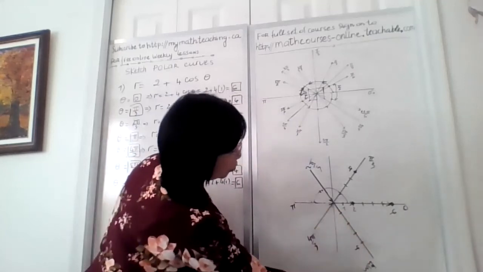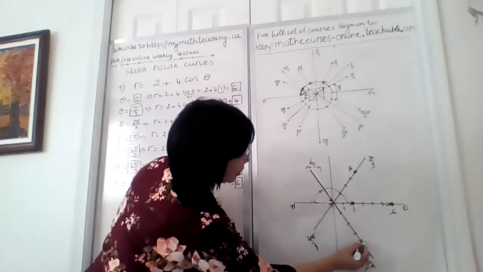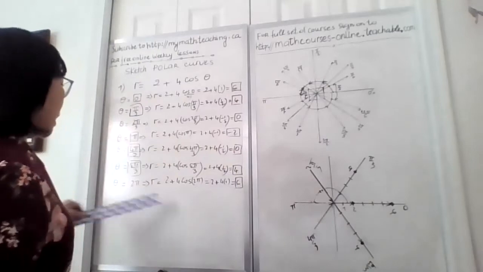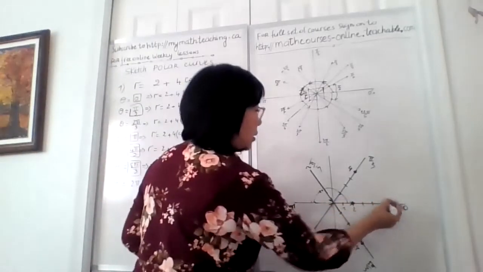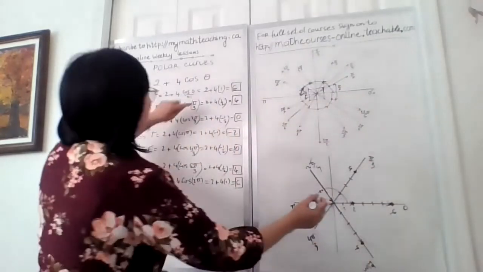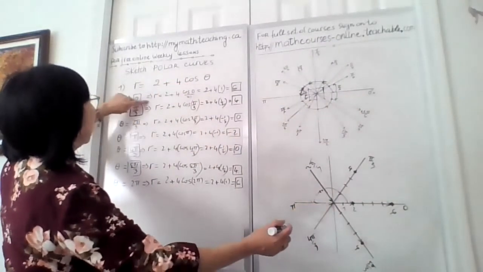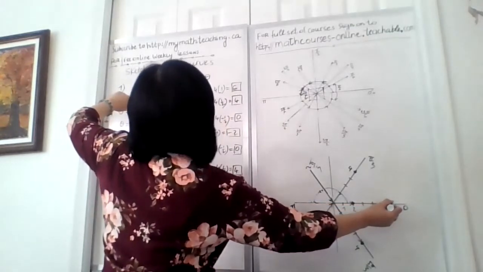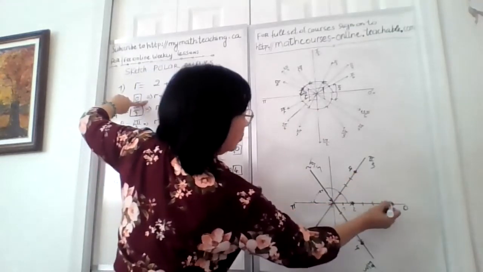So at 5 pi over 3 at this angle, our radius is this way. We mark that. And then for 2 pi, it goes back to 6, which is this one. So now let's plot it, right? So we start from theta equals 0, we start from here. Then at pi over 3, we go up to here.